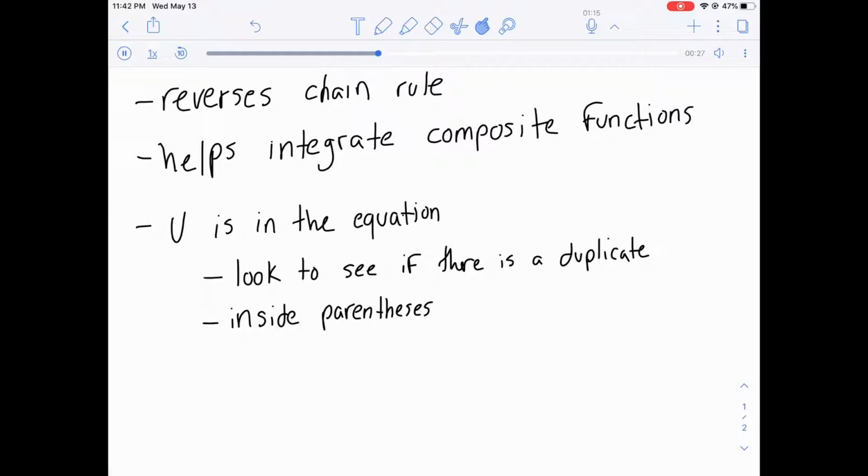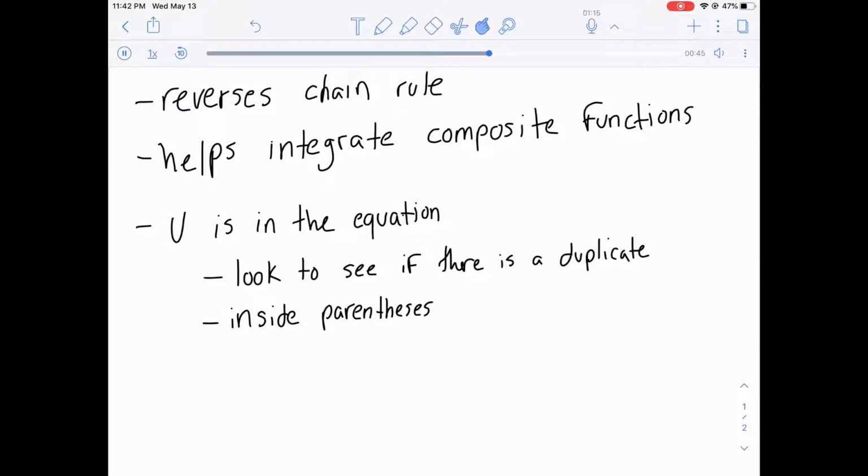So when you're looking at an equation or a problem that you have to use U substitution with, here are a couple things that you want to keep in mind. You want to look to see if there is a duplicate of a set of numbers or equations with variables.